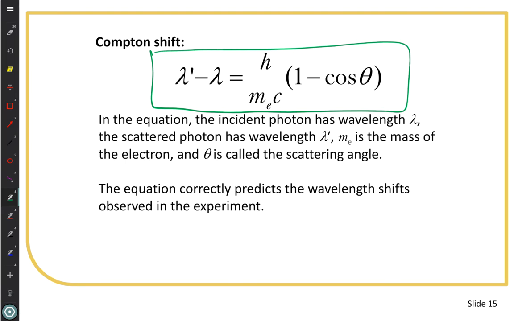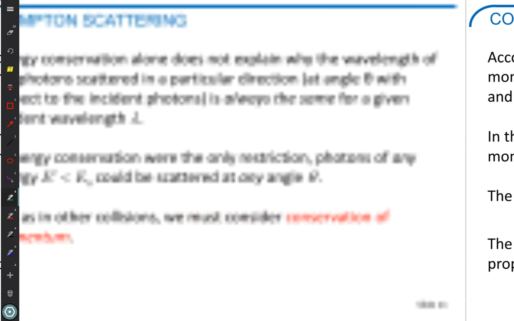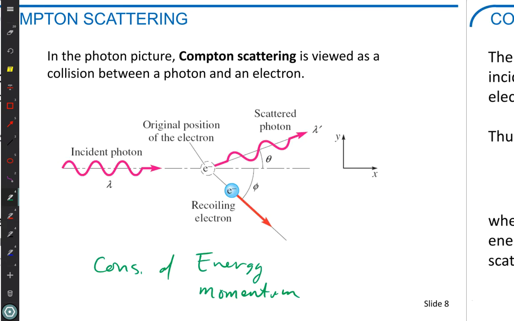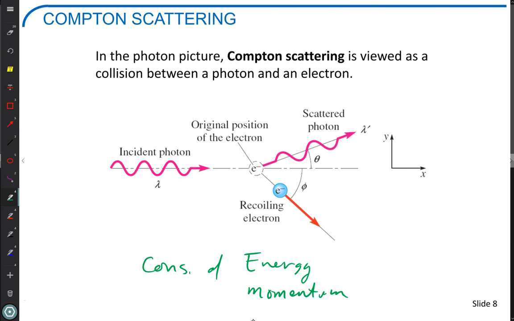I'm going to go back to the picture just so you can relate the two. So there's theta, the angle the photon is scattered. The photon goes this direction, scatters to that. The angle between those two is theta. What's the smallest angle theta could have? 0.